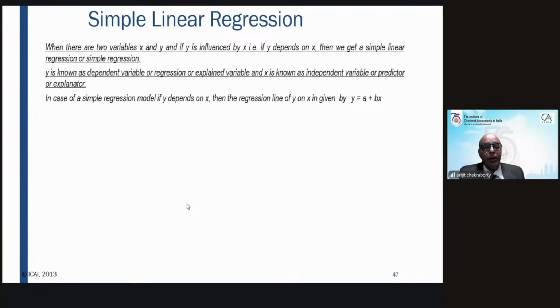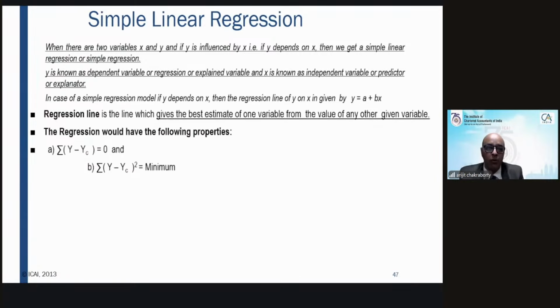In case of a simple regression model, we use y equal to a plus bx, which we were just seeing. Regarding the regression equation, only 2-3 points are there. The line we draw for the regression equation, we use a technique which is given in the chapter OLS, ordinary least square method.